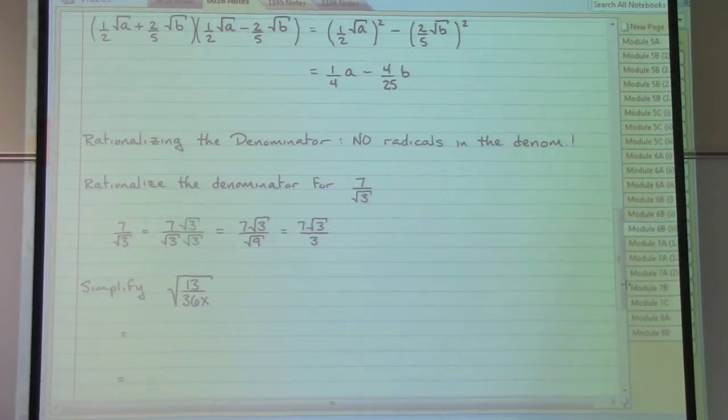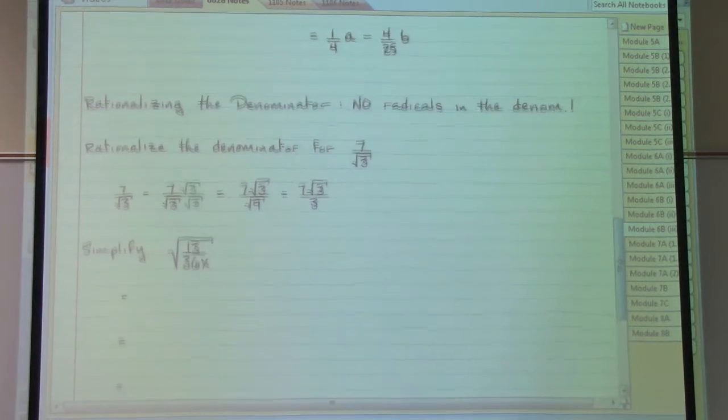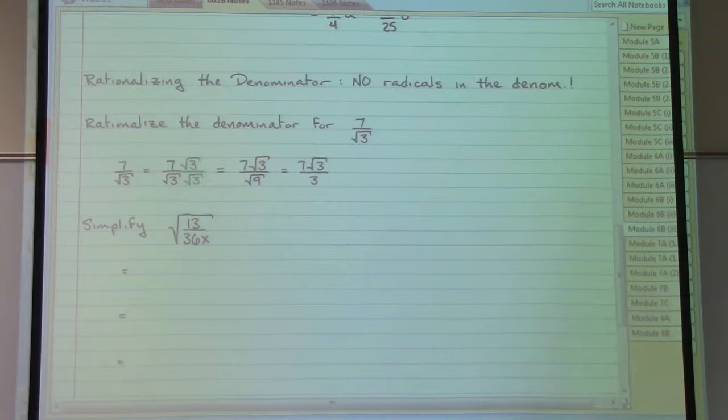So I can start in this particular case by recognizing that, first of all, we do not like to have fractions underneath our square root. And so let us start with breaking this apart.